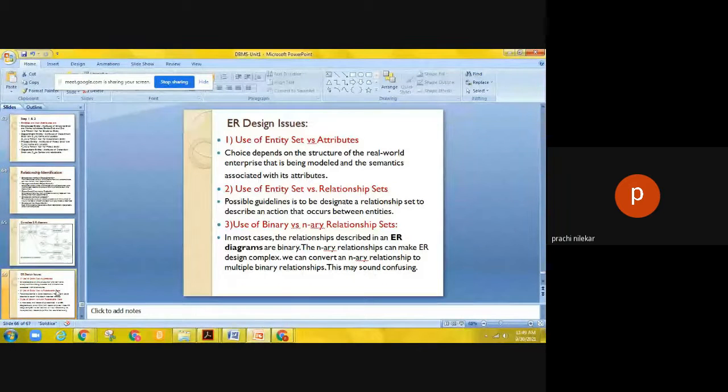This is a ternary or n-ary relationship. Mother, father and child, three entities are present now. How can we convert it into binary? Mother and father, we have to club into one entity, that is the parent. Like that we have to convert.